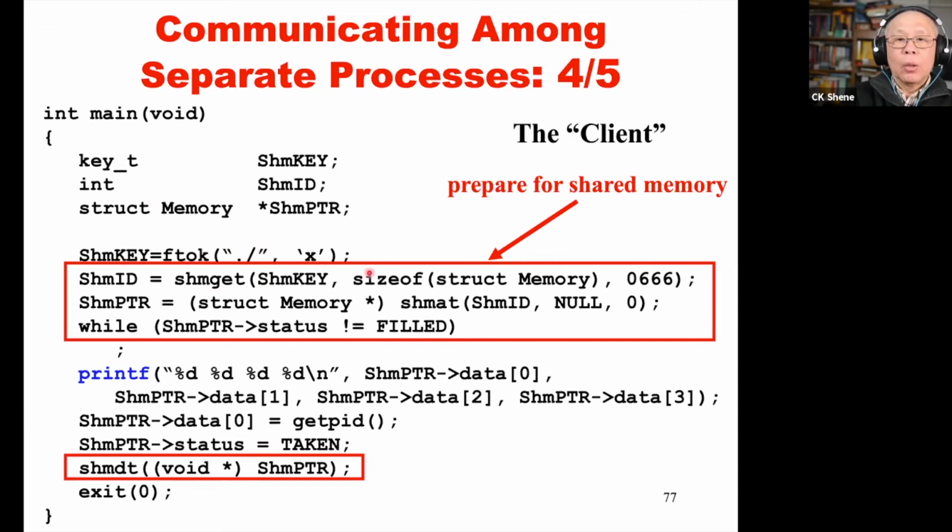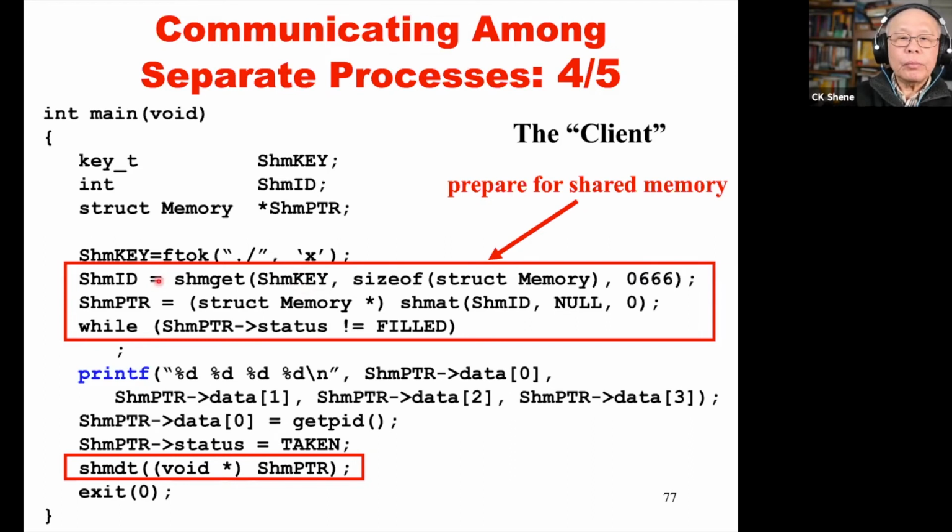But when this client calls shmget with the same key, the same size, it can only use 0666. It cannot use IPC_CREAT because if this client used IPC_CREAT, the system would return a negative value, because that shared memory with the same key has already been allocated.